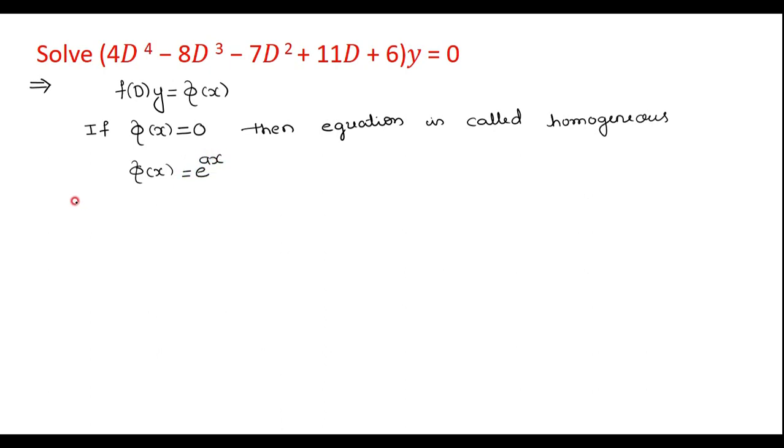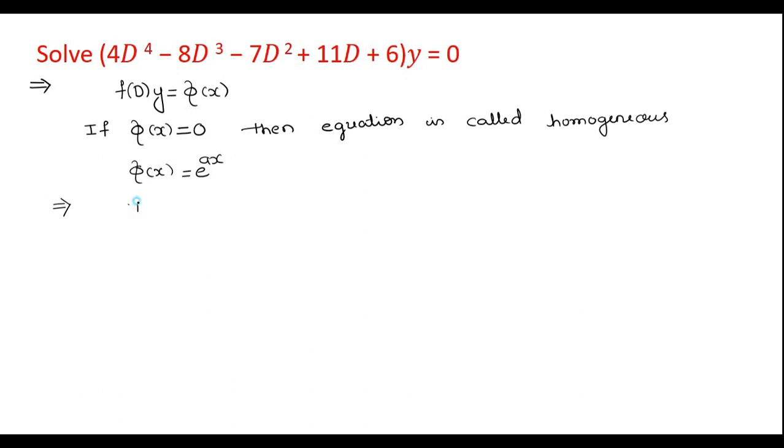Now, let us take an example with a homogeneous differential equation of fourth order. Here, the given differential equation is 4D^4 - 8D^3 - 7D^2 + 11D + 6 = 0.